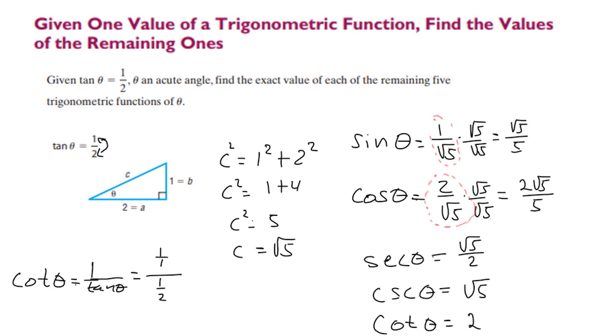If I multiply 1 times 2, 1 times 1, this is equal to 2 over 1, which is 2. Then, as you can see, it's the same as just flipping this fraction. And the same with sine of theta and cosecant of theta, and the same with cosine of theta and secant of theta.